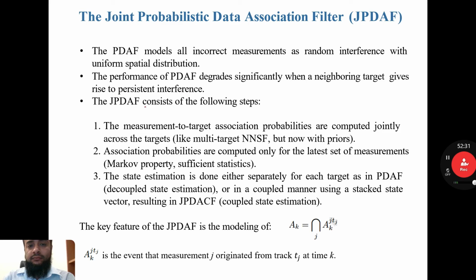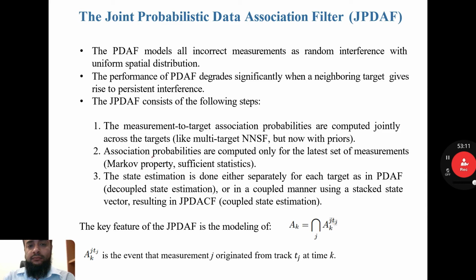So the PDA consists of the following steps. First, the measurement to target association probabilities are computed jointly across the targets, like multi-target NNSF. But now it has the prior, like the Bayes formula. In NNSF, we do not have a prior PDF, but in the case of Bayesian, we include the prior PDF, and the association probabilities are computed jointly across each measurement prediction and each selected measurement.